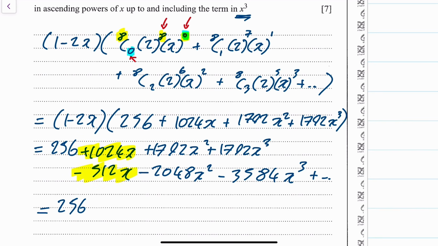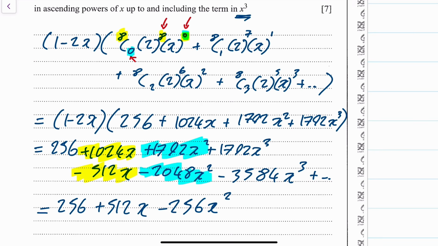So that's just going to work out to be plus 512x. My x squared ones, we have got this. So we've got 1792 minus 2048, which is minus 256 x squared.